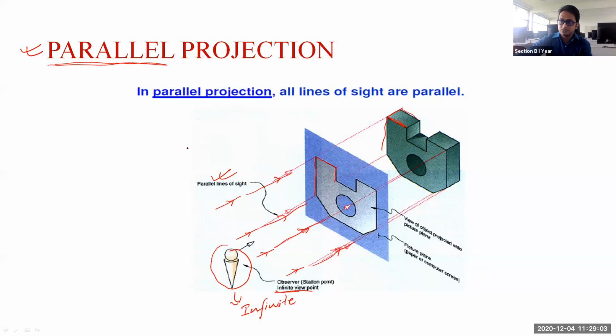Here the projectors, or the line segments, are parallel. And the third point, same size. Size is the same for the object. This is your plane of projection.